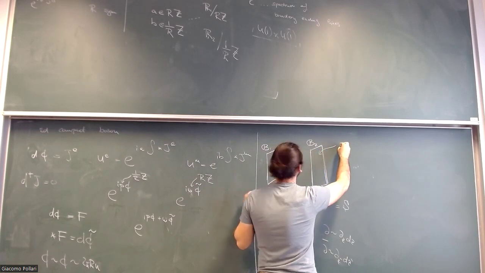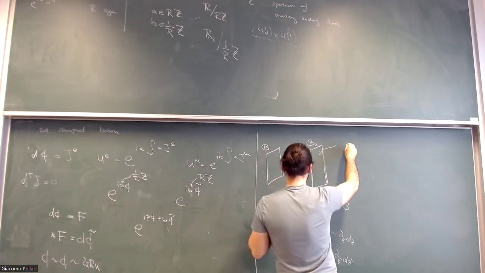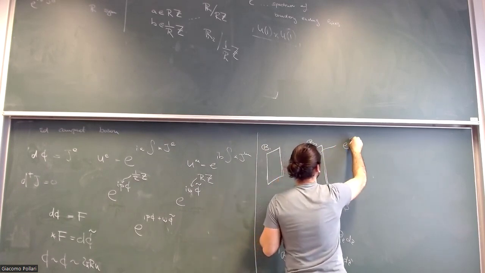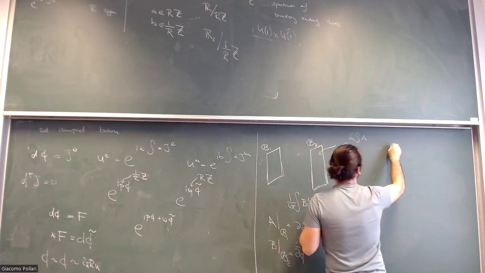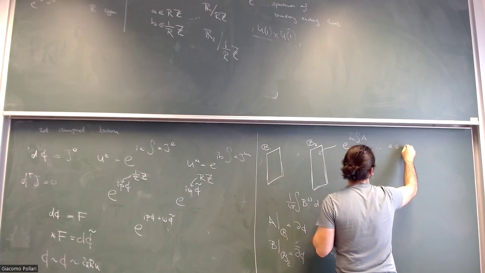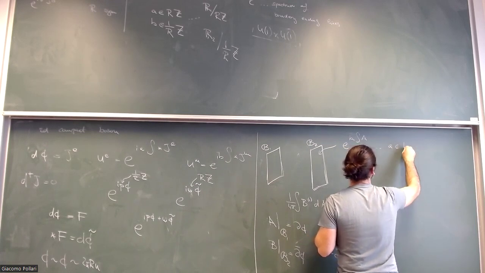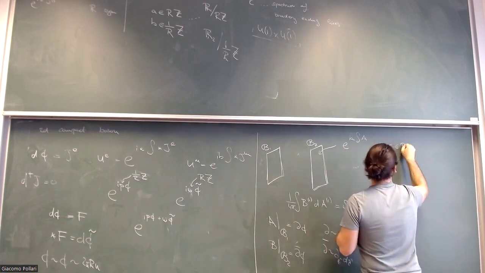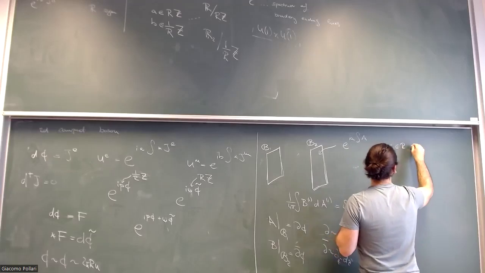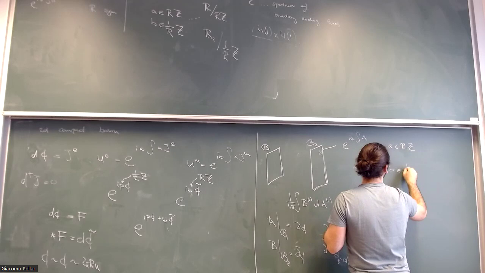I will do the boundary condition, which will tell me that out of these lines, I only take the A in one or nine. So and B.